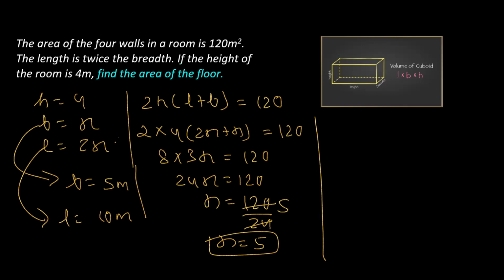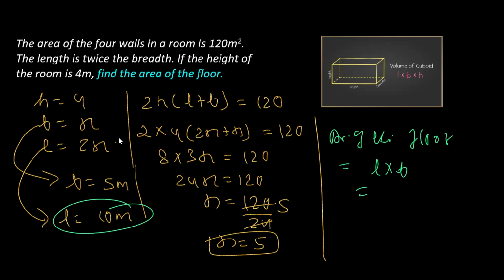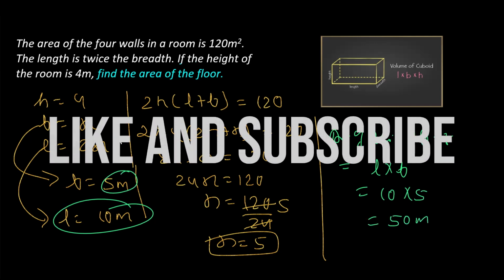The area of the floor is length into breadth. Length is 10 and the breadth is 5. So that results in 50 meters square. This is how we will do this question.